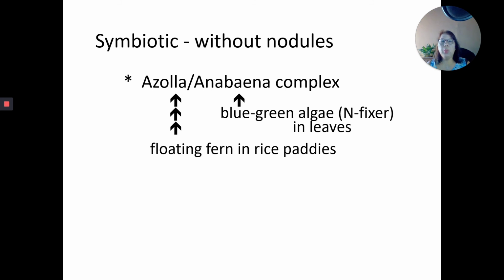In cases where there are no available plants with nodules, there are also some nitrogen fixers like your azolla. In the Philippines, there was a part of its history when azolla was planted in nearby rice paddies in order to increase the nitrogen content.